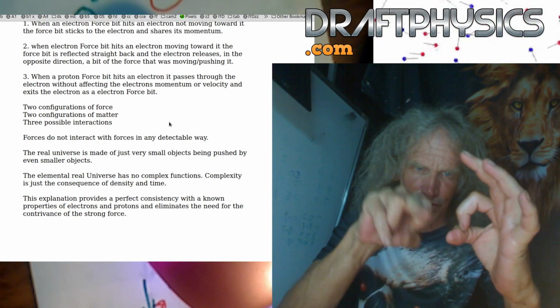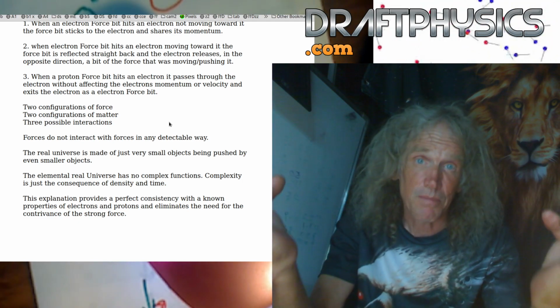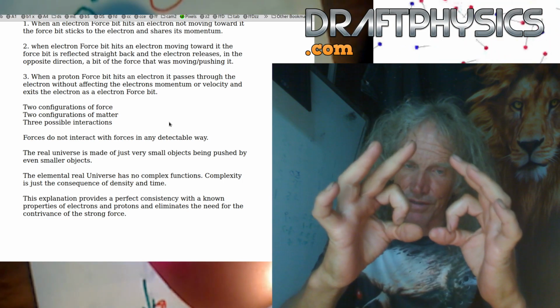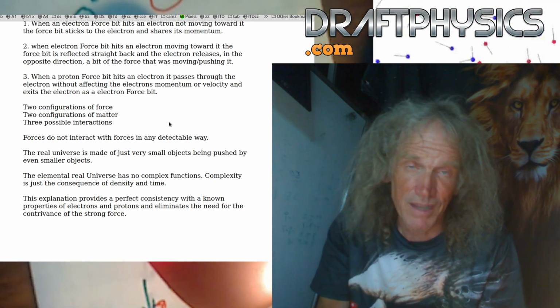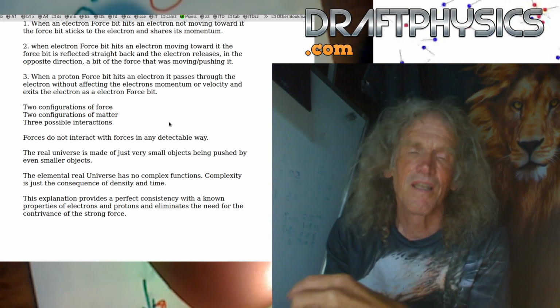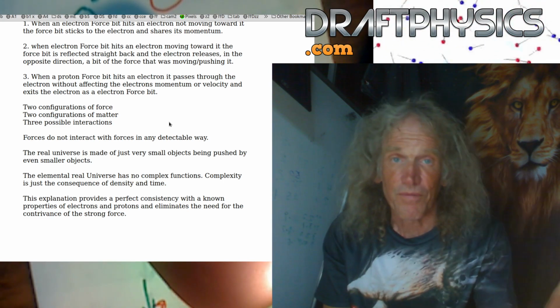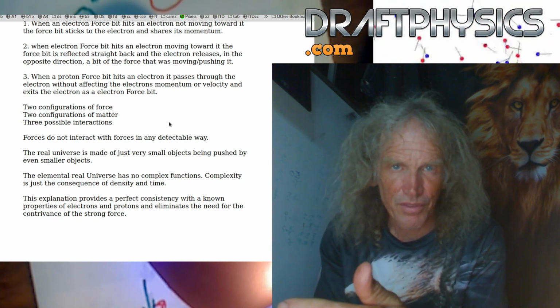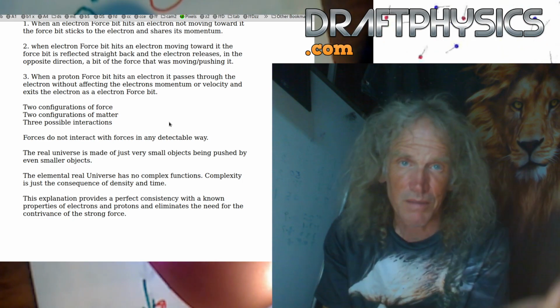But if you put an electron between them, problem solved. You can make two protons get very close to each other if you just put an electron in between them, because all the red force will be converted to blue force. All the blue force will be converted to red force, and then the red force will go right through the blue thing and be converted back into red force, blue force.